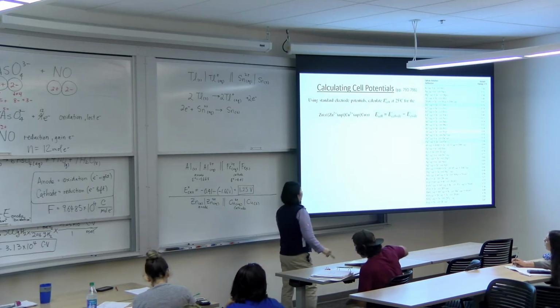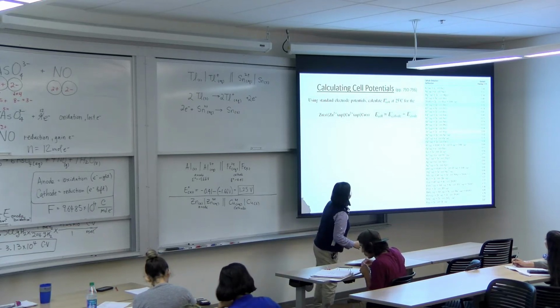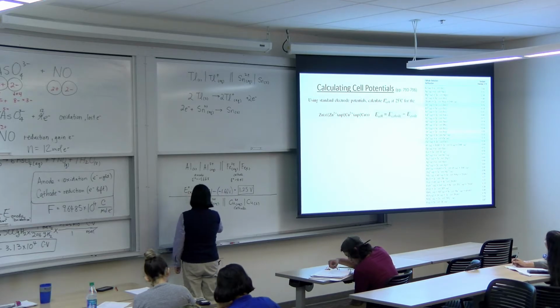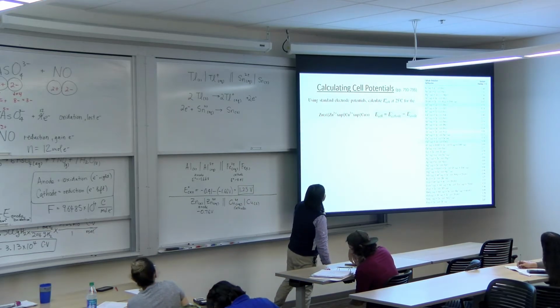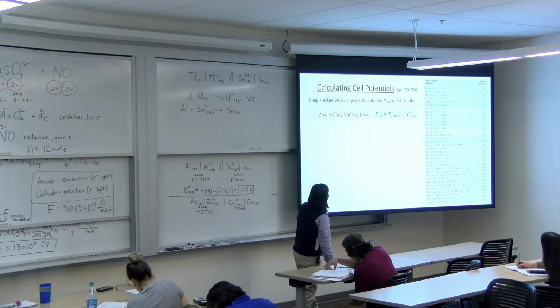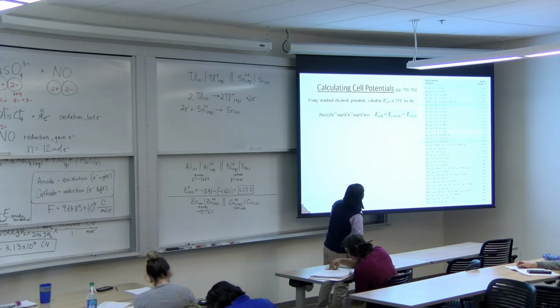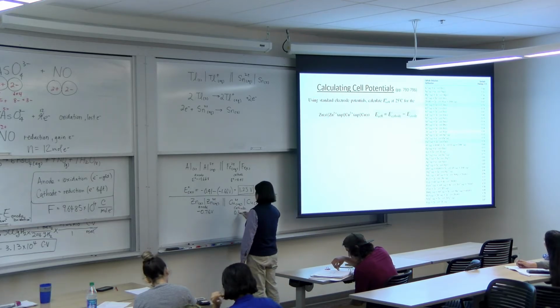So let's pull from our table again. Let's find our zinc, 0.76 negative. Am I right? Am I wrong? You're right. Okay. And then the copper, do I have a positive 0.34? Am I close?